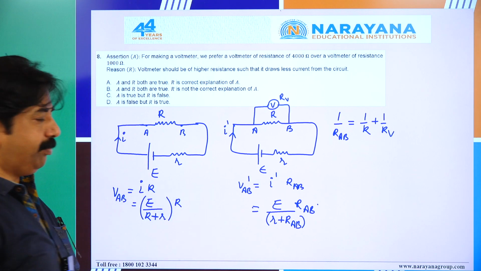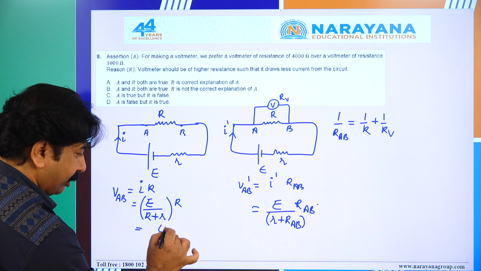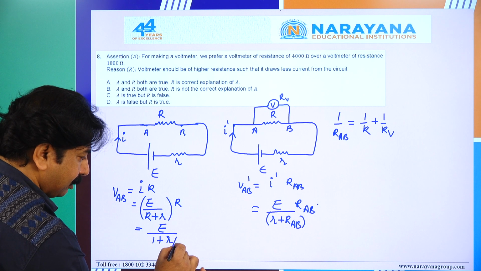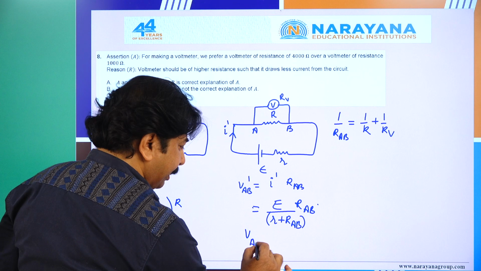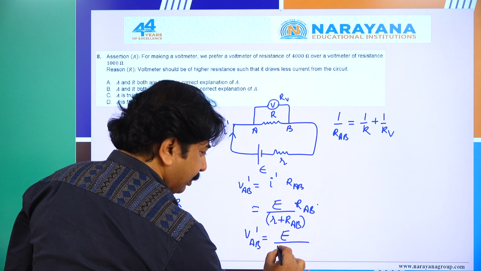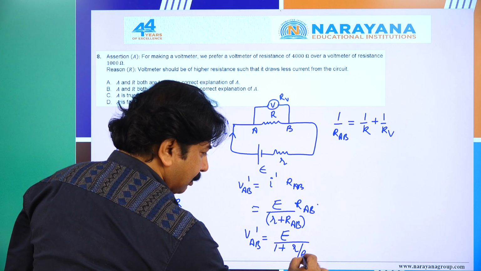This is the VAB. Now this can be written as 1 plus R by RAB, so VAB dash becomes E by 1 plus R by RAB.